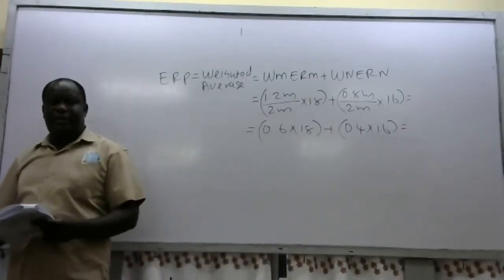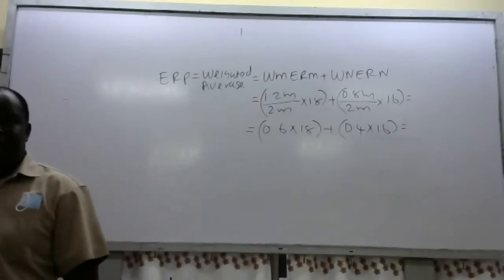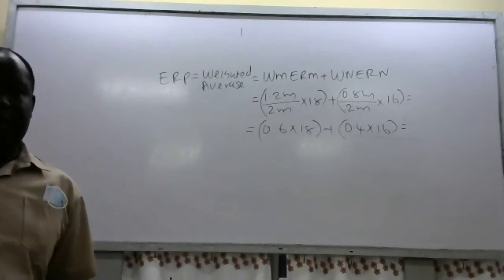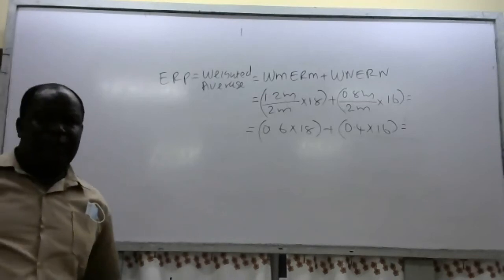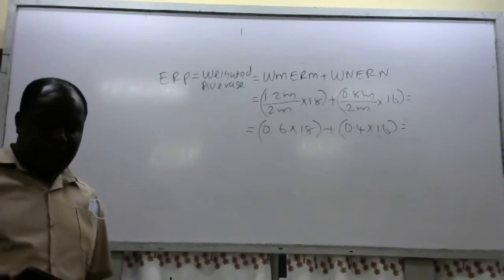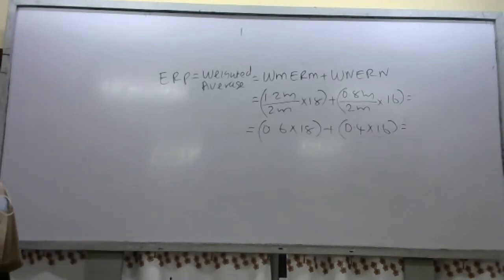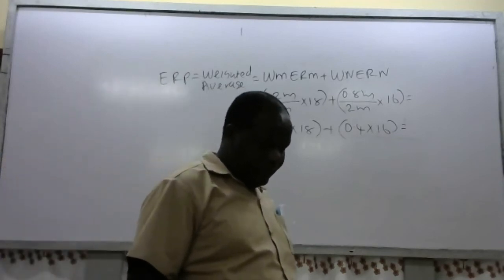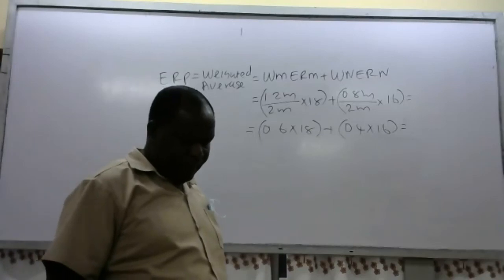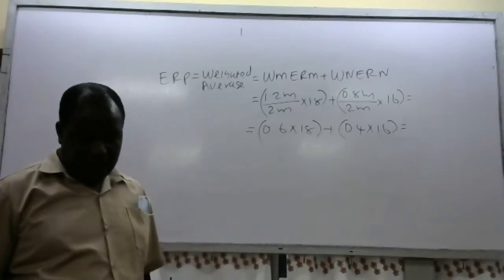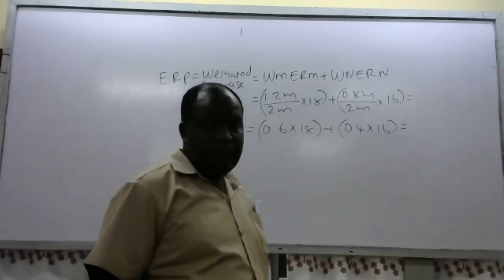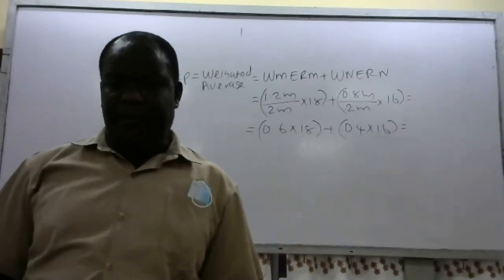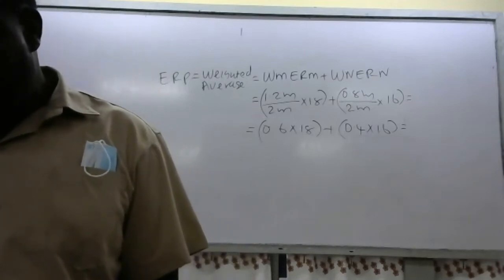So add them together, they should give us the expected return of the portfolio. So I can see 16.8. I've seen a figure.